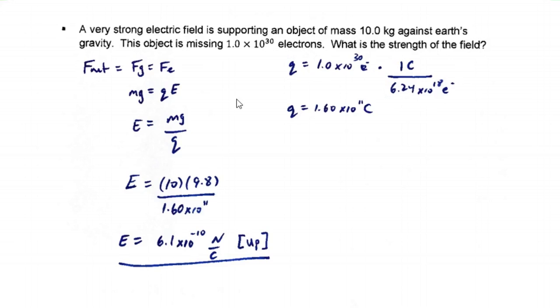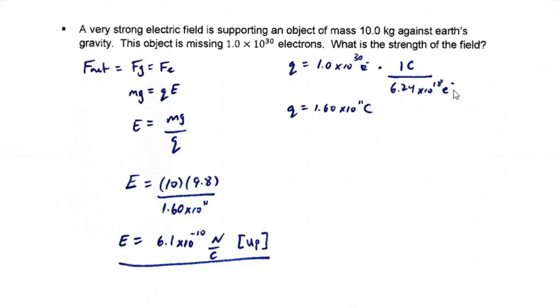So the first step after getting to this point is recognizing, okay, we have mass, we have gravity, we need our charge. So then I went over here and I said, well, charge is right over here. We have a certain number of electrons. To get rid of electrons, I put that on the bottom of this fraction. And I say, well, what is 1 coulomb equal to? It's equal to this right over here.